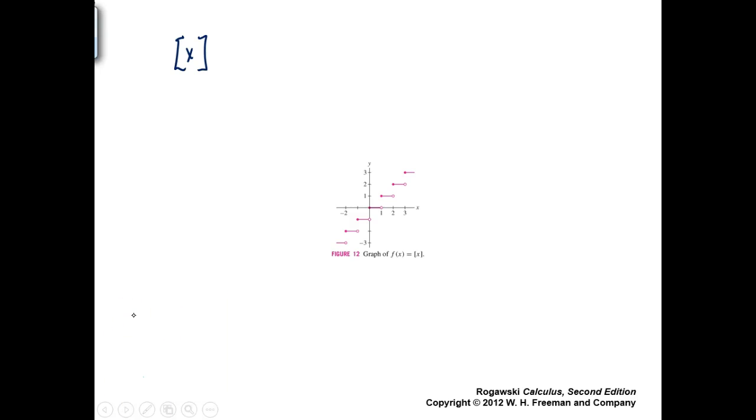Okay? The greatest integer function is the function defined by this equal n, where n is the unique integer such that, and this is a symbol for such that, sort of a colon looking thing there, n is less than or equal to x is less than or equal to n plus 1.